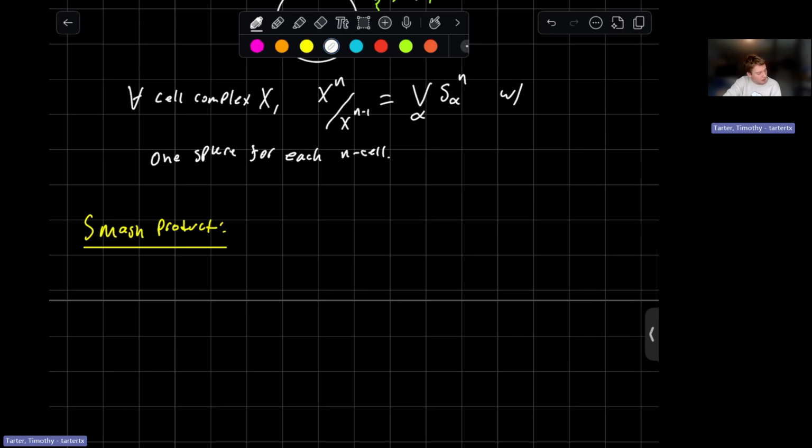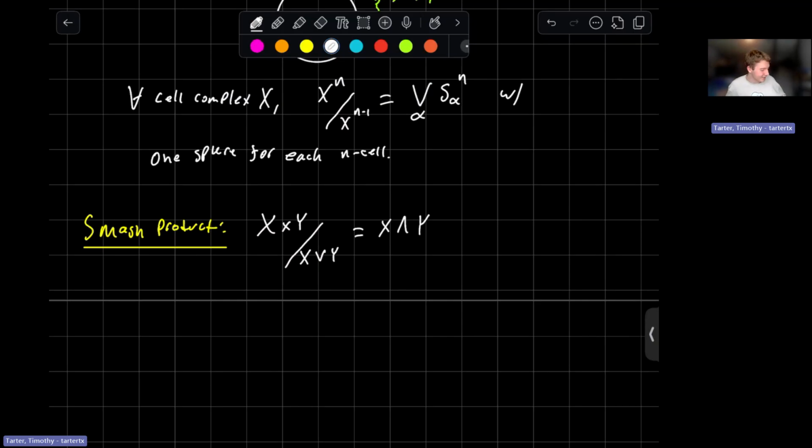These two copies intersect only at the point (x_0, y_0), and so their union can be identified with the wedge sum X ∨ Y. Their smash product is then defined to be the quotient X product Y mod X ∨ Y. So it's X product Y mod X ∨ Y is X smash Y. That's like a really cool name.